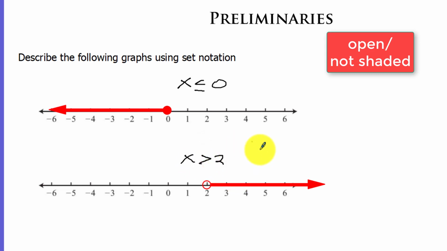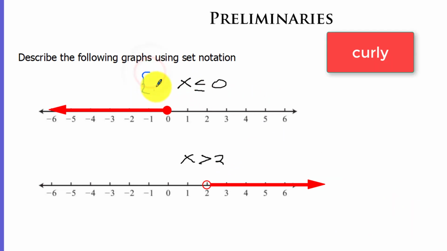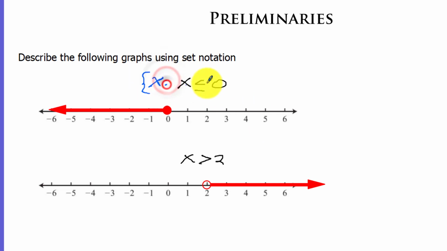Now using set notation, the only thing that we have to add is the curly braces and then say x such that x less than or equal to 0, and then curly braces. Or this one can be written as x such that x greater than 2, curly braces.